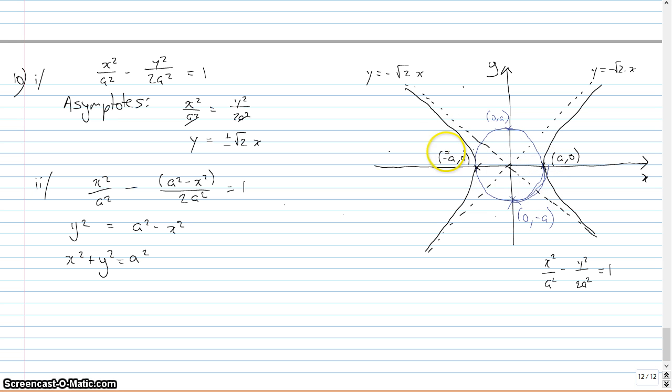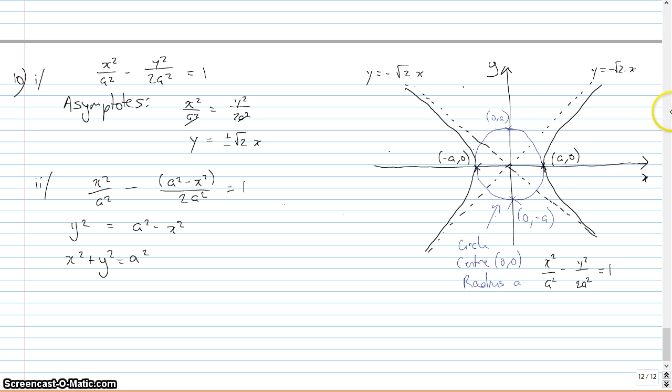Sorry, so again, not very neat. I expect you guys can do a fair bit better than I can. Can I delete that? Okay, so this is a circle centered on 0, 0. Radius is a. Alright, so that's part 2.